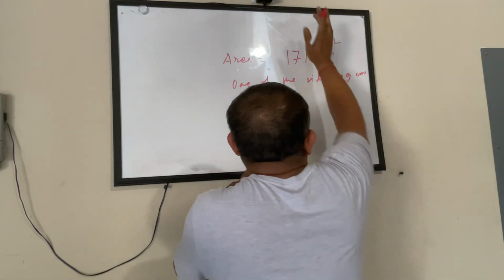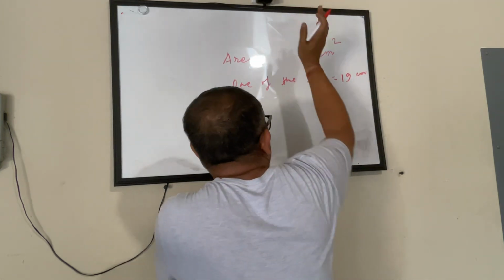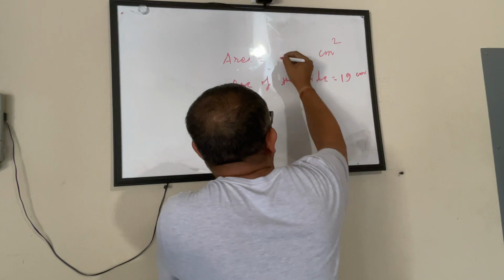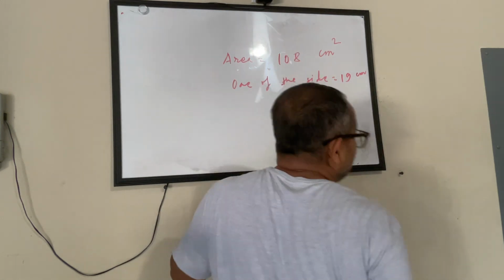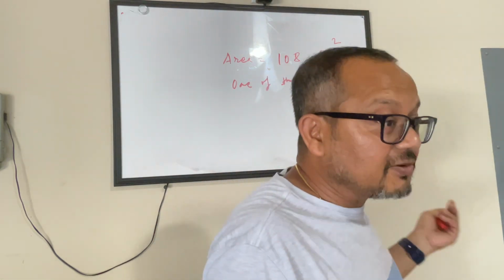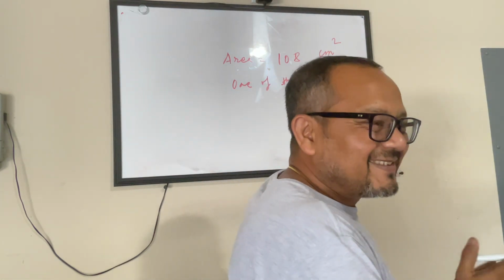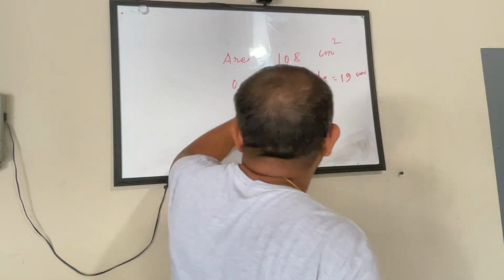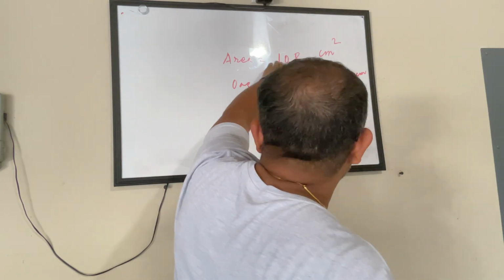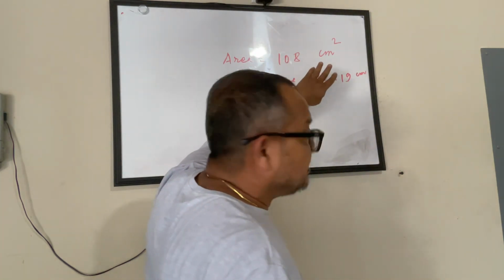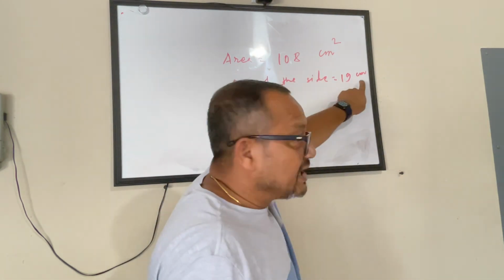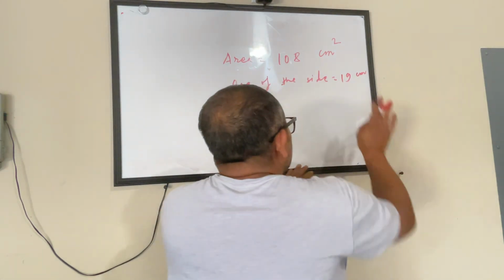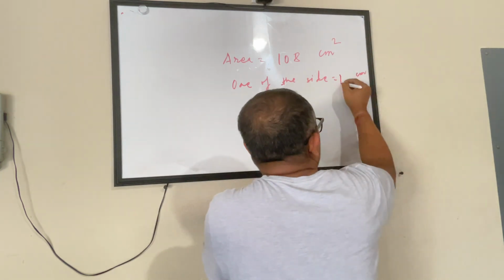Let me not make it so complicated for you guys. No answers. Wait. There is no answer. Question is not complete. How can you give the answer? Area of a parallelogram is 108 centimeters square. One of the side is 12 centimeter.